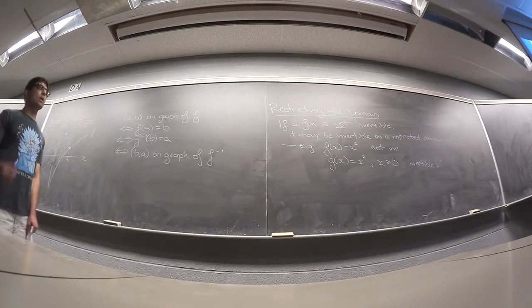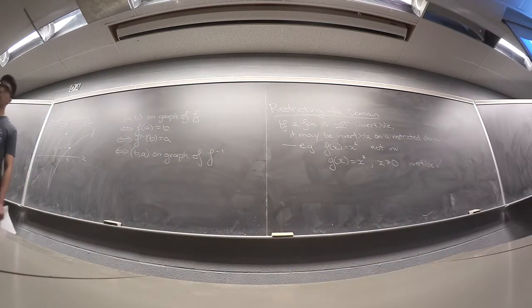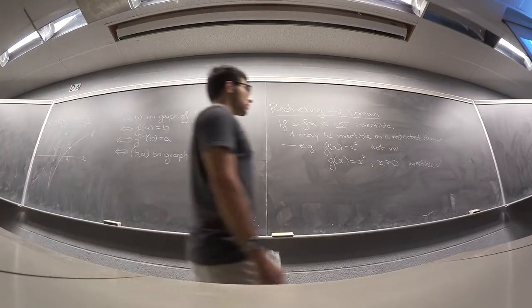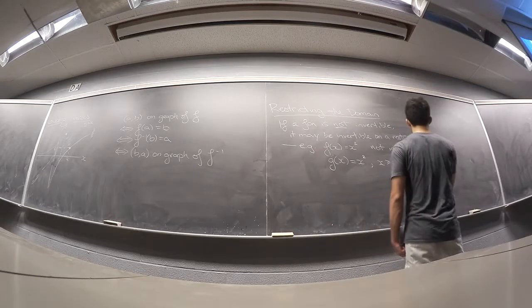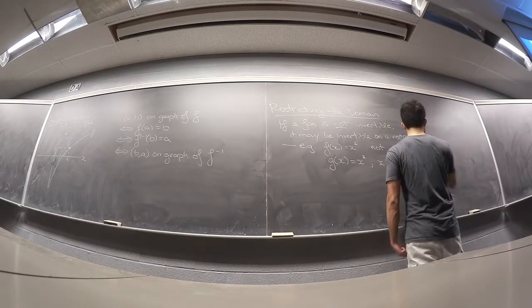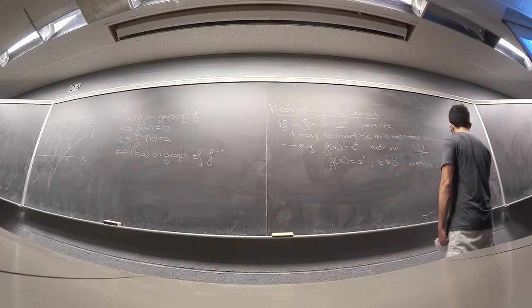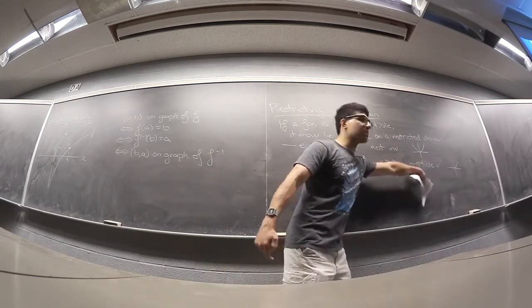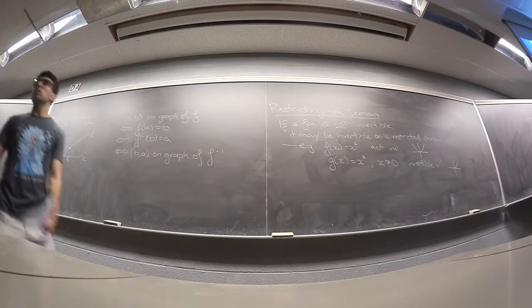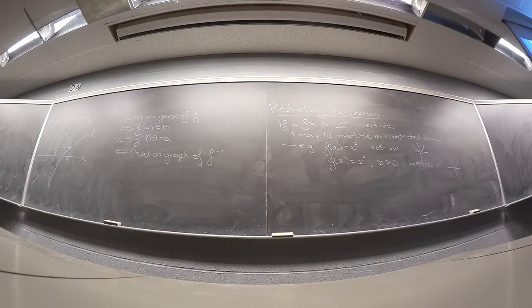If I restrict the domain to only non-negative x, it's invertible. You can convince yourself with an arrow diagram, you can convince yourself with graphs. So this guy looks like this, whereas this guy looks like this. That one fails the horizontal line test, that one passes it. Good? So if you restrict the domain, you can now uniquely map outputs to inputs.